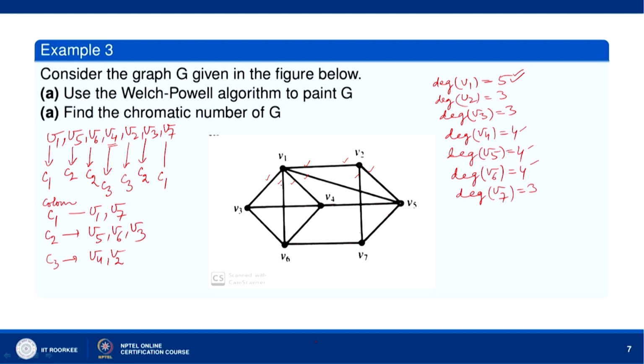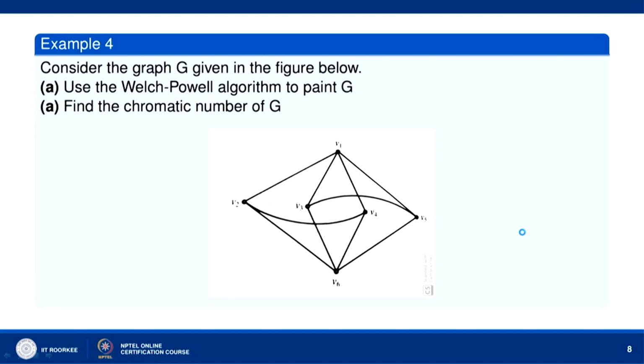So, at least 3 colors have to be used, but here we have used 3 colors to paint the entire graph. Therefore, the chromatic number, which is the minimum number of colors to be used to paint the graph, is chi(G) equal to 3.